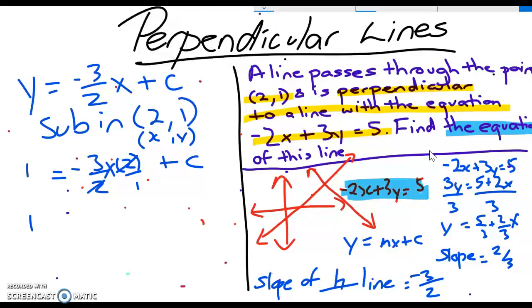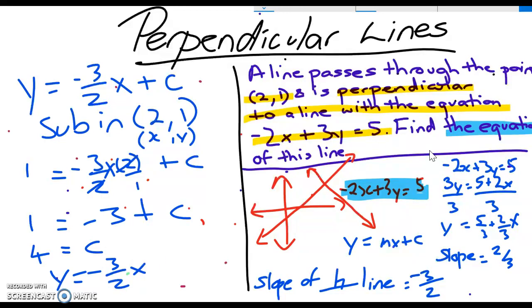So we get left with 1 equals negative 3 times 1, which is just negative 3 over 1, which is negative 3, plus c. Then we want to get rid of the negative 3, so we're going to add 3, and we get 4 equals c. So our answer to this question is y equals negative 3/2 x plus 4. And that's how we solve questions about perpendicular lines.